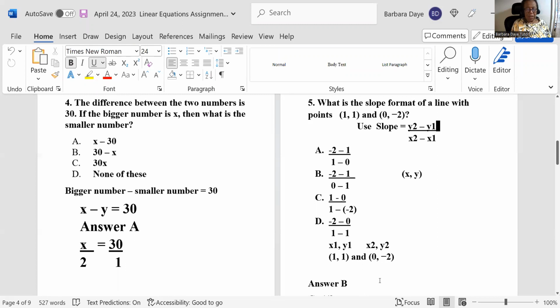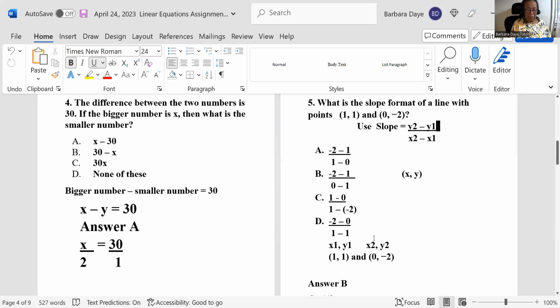The Y1, I go over here to my other set, and that's a 1. So that would be -2 minus 1. That's what you see in A and B, right? Then my X2 and my X1, that would be a 0.